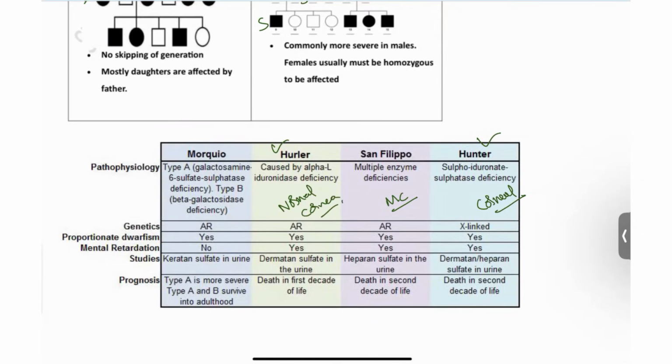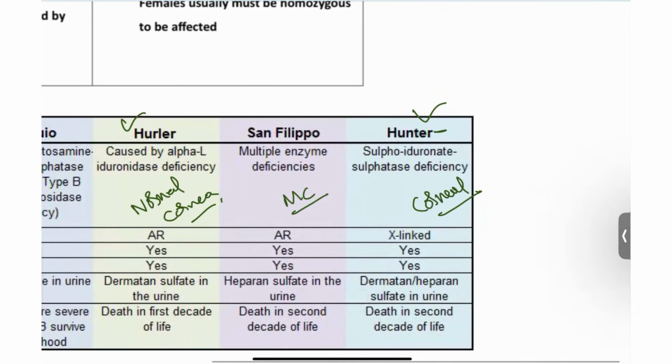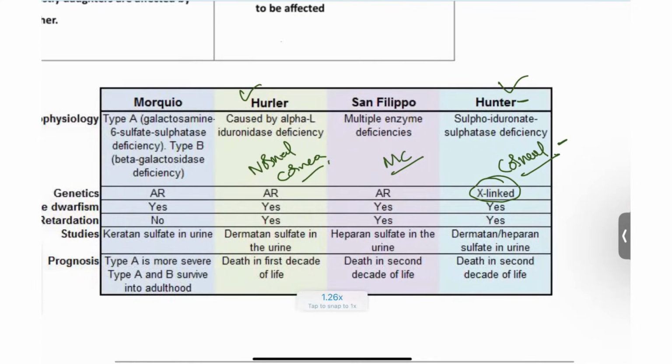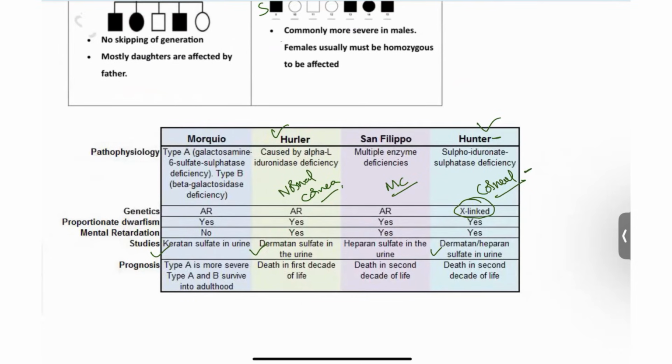Hunter is also X-linked recessive. What you have to remember: keratan sulfate and dermatan sulfate in Hurler, and dermatan sulfate in Hunter. Mental retardation is seen in everything except Morquio. In Morquio, we cannot see mental retardation.